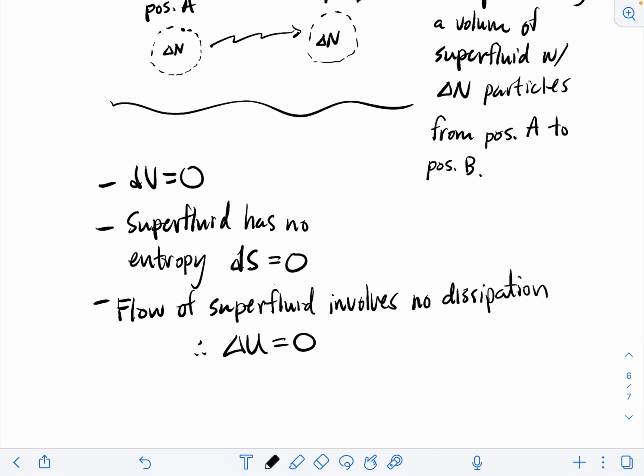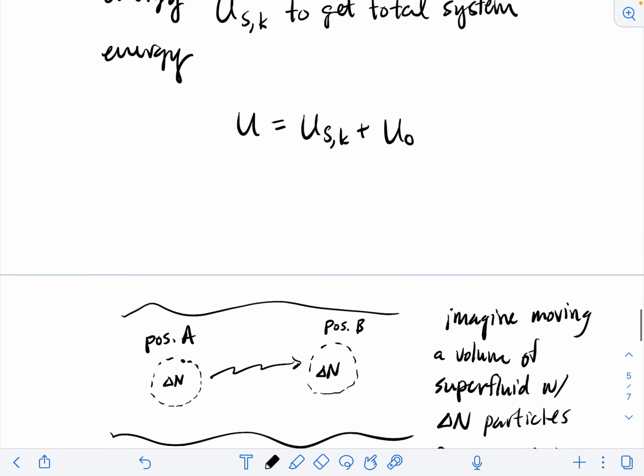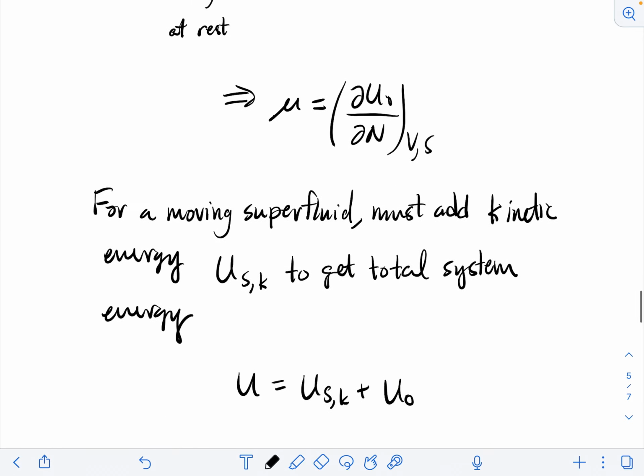Okay, so what we want to do is go back and use some of these results. In particular, the change in total internal energy is going to be overall 0, and it's going to be equal to the change in kinetic energy plus the change in the internal energy for the superfluid at rest.